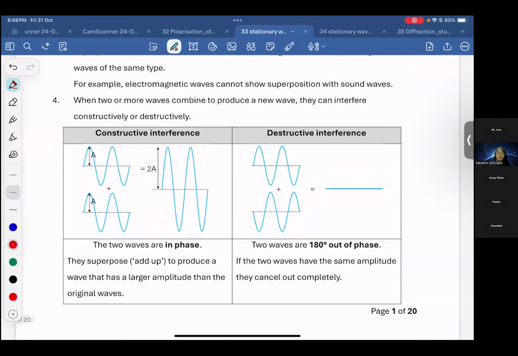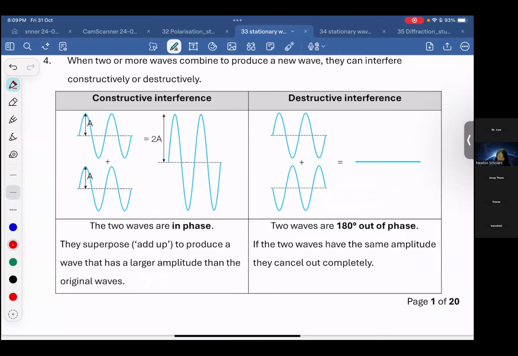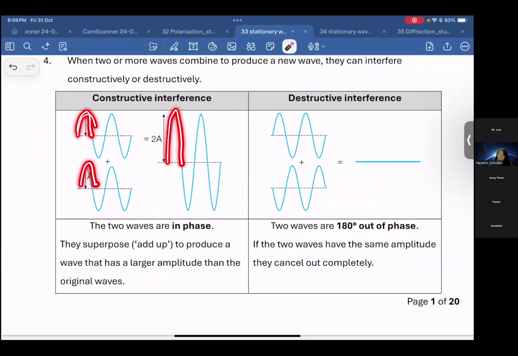When two or more waves combine to produce a new wave, they can interfere constructively or destructively. Here, if they have the same height, the same amplitude, a crest and a crest meet up, we will get a bigger crest.